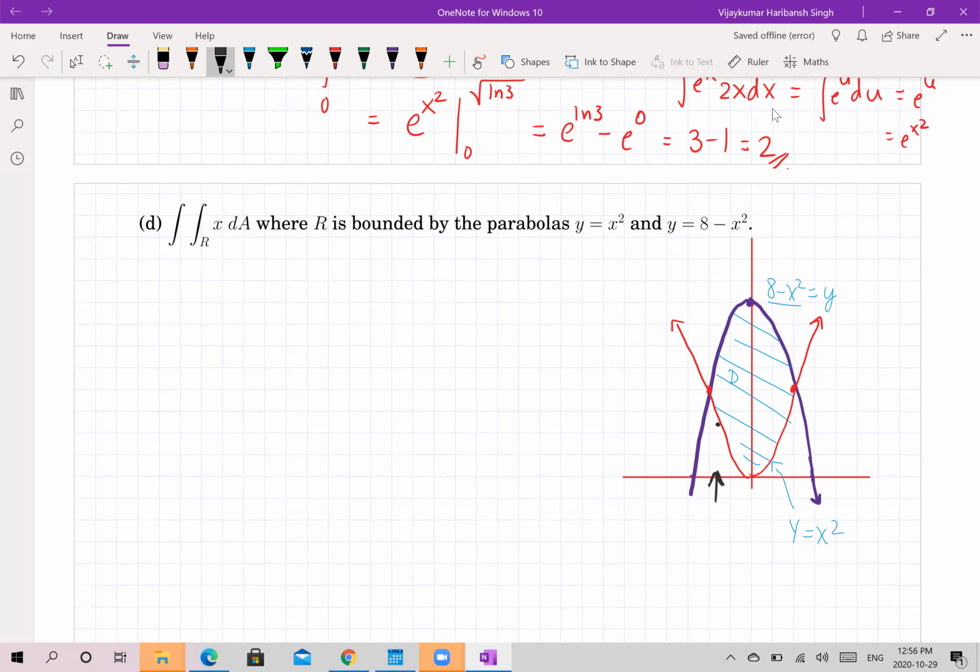So your y is really between x squared and 8 minus x squared. So this seems to be a y first region, or according to our nomenclature, a type 1 region.